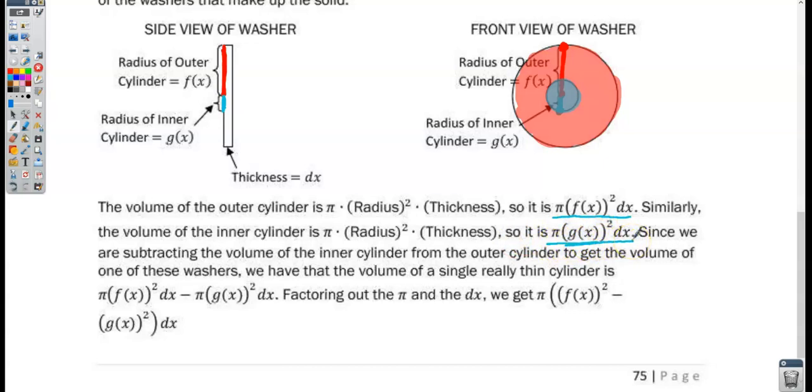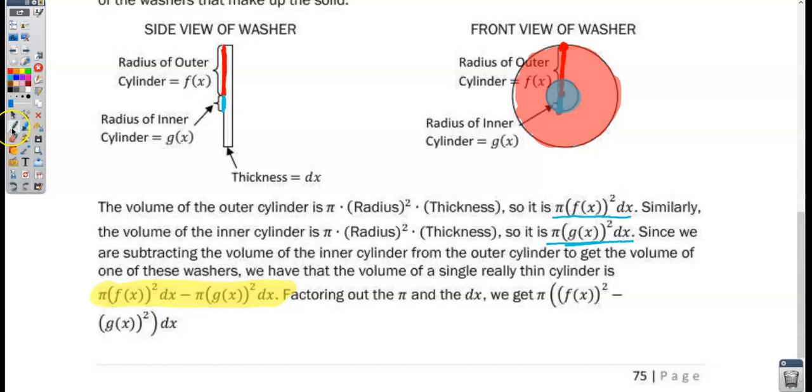So that's the volume of the cylinder that gets cut out. If we subtract the smaller cylinder from the bigger cylinder, we get this expression right here, representing the volume of this particular washer.